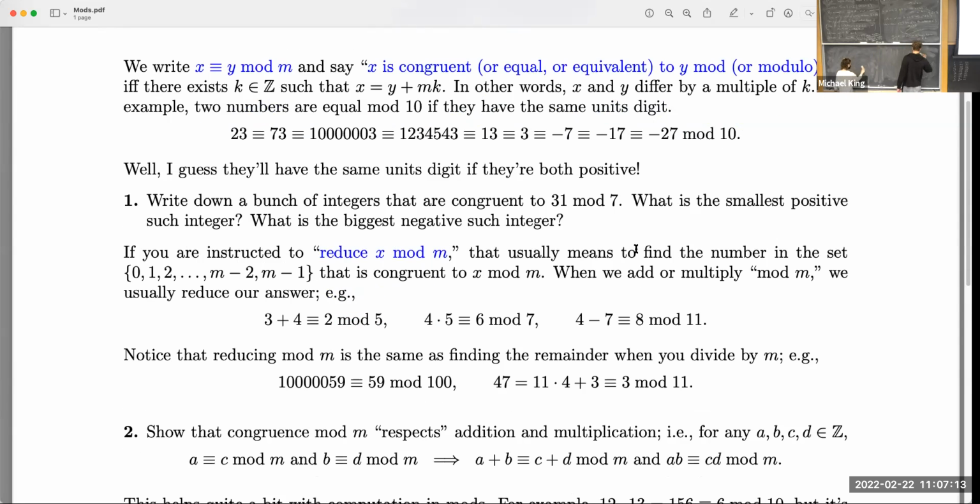You might want to pull this up on a device or something. But yeah, do number 1 first. I heard 31 minus 7, that's good.